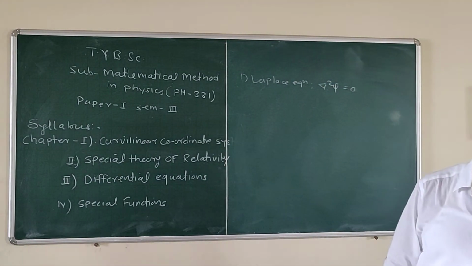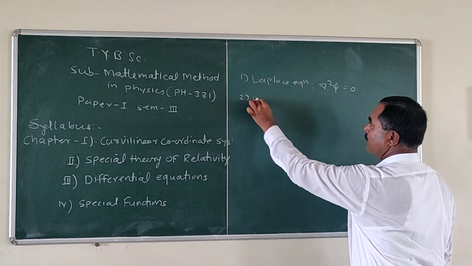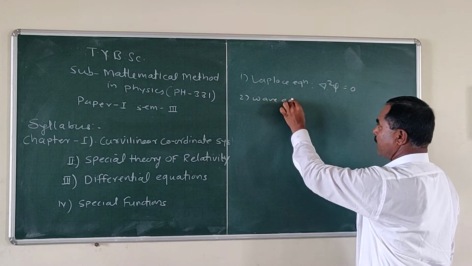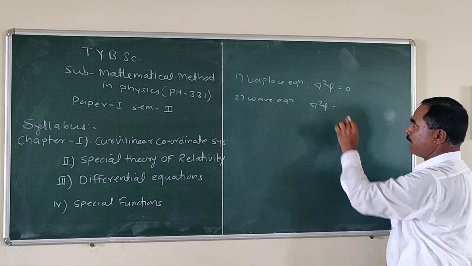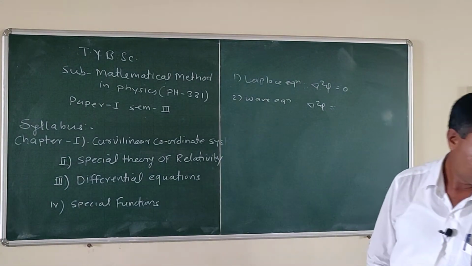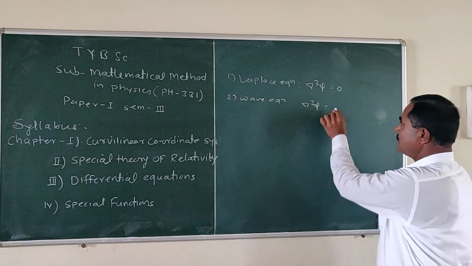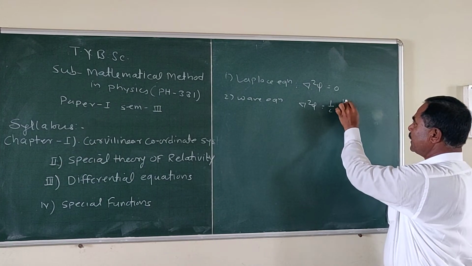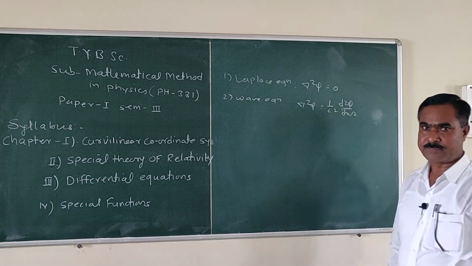The second differential equation is the wave equation, whose formula is del square psi equal to 1 upon c square d2 psi by dt square.